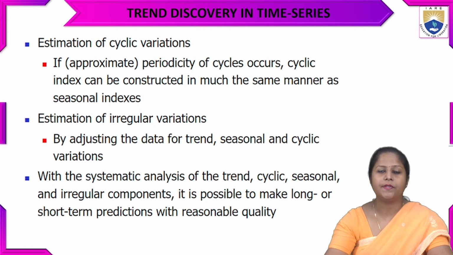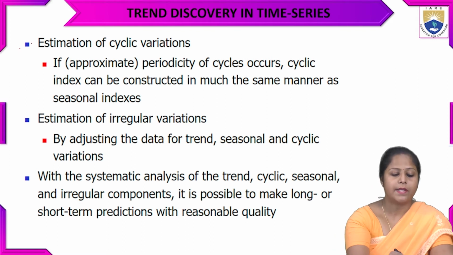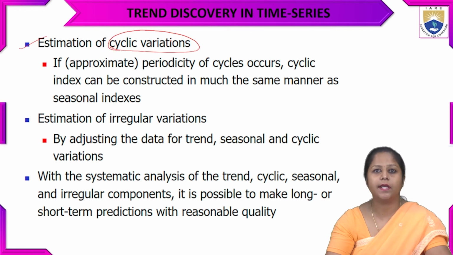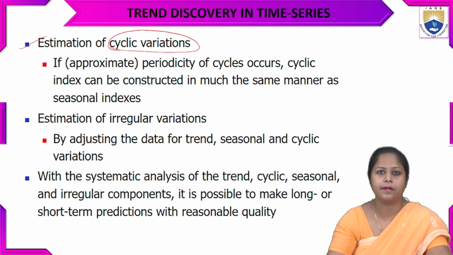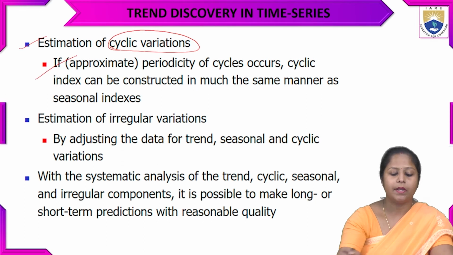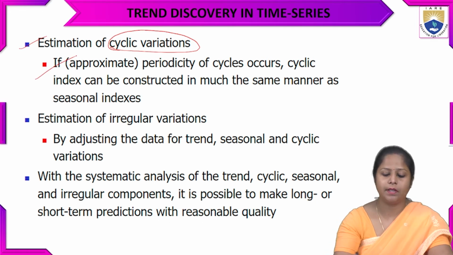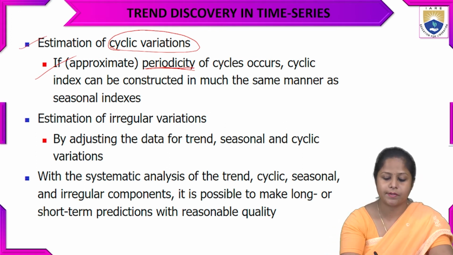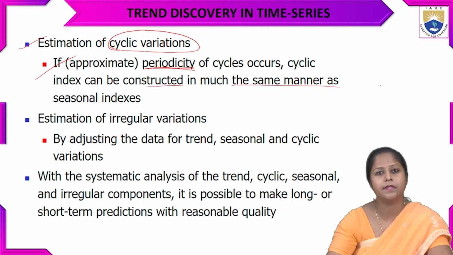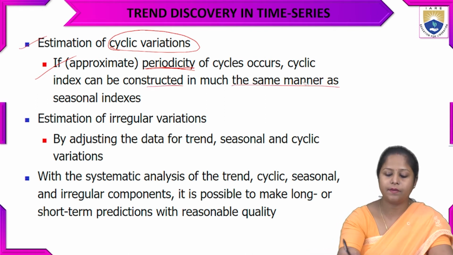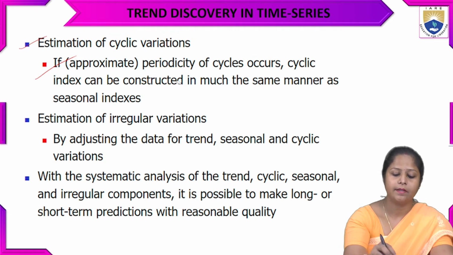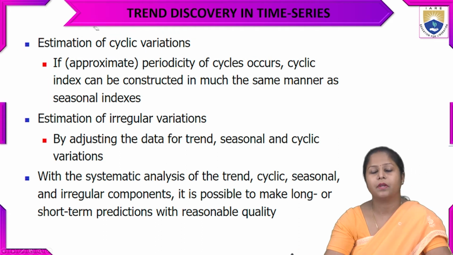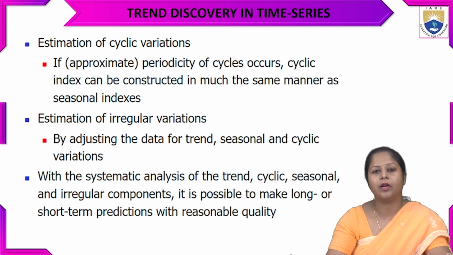Next is estimation of cyclic variations. As the name suggests, there will be cyclic variations in the trend. If we can state the approximate periodicity, if there is periodicity of cycles, the cyclic index can be constructed in much the same manner as the seasonal index. As we have seen, the seasonal index is taken according to the months that occur in a year.